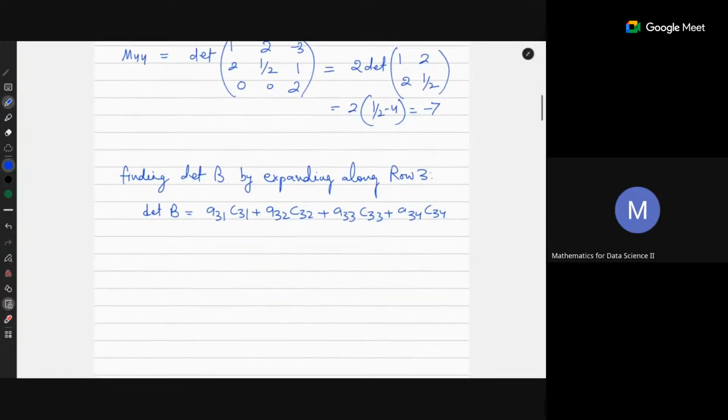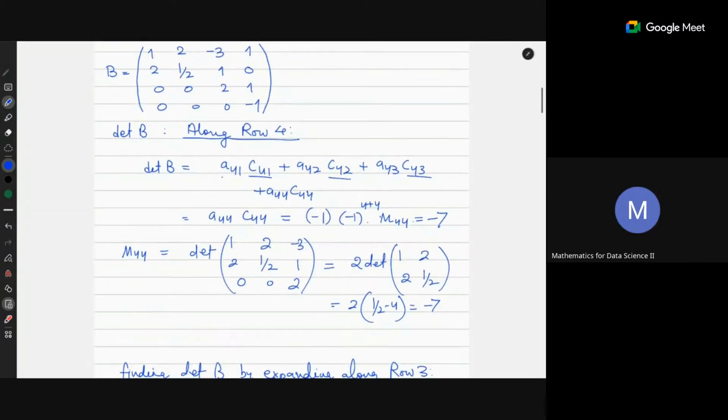So you will get this is equal to A33, C33 plus A34, C34. Now what is C33? C33 is minus 1 to the power 3 plus 3 times the determinant of the minor corresponding to it.